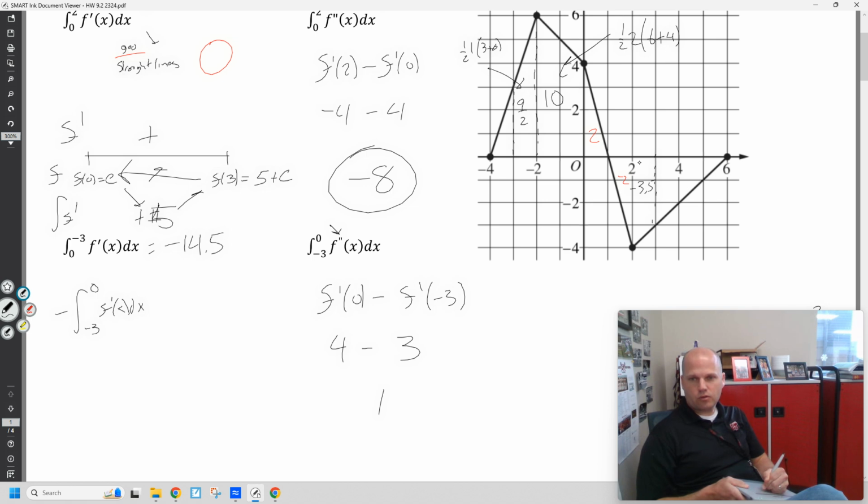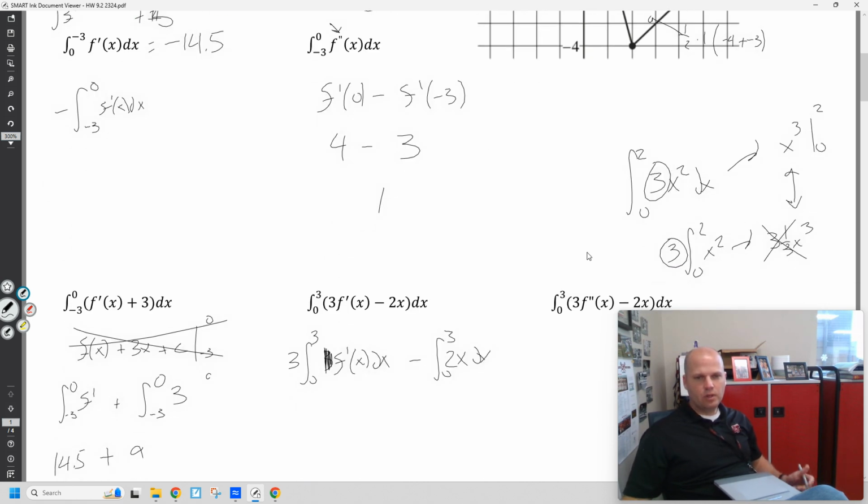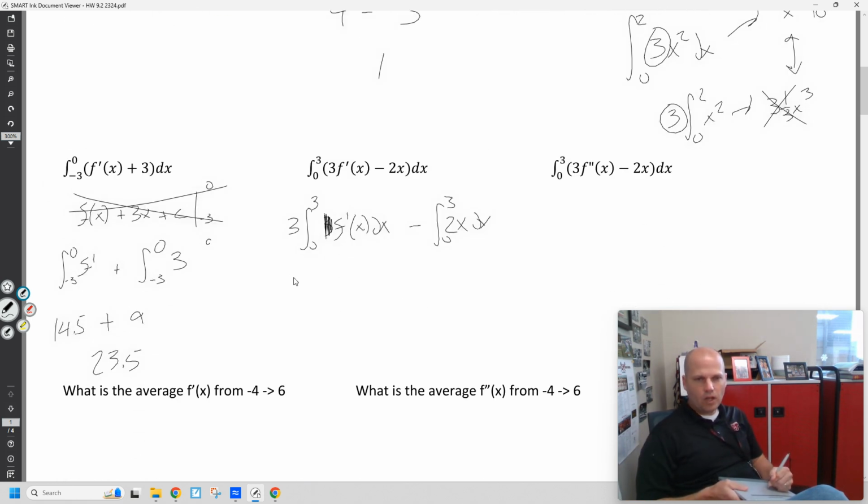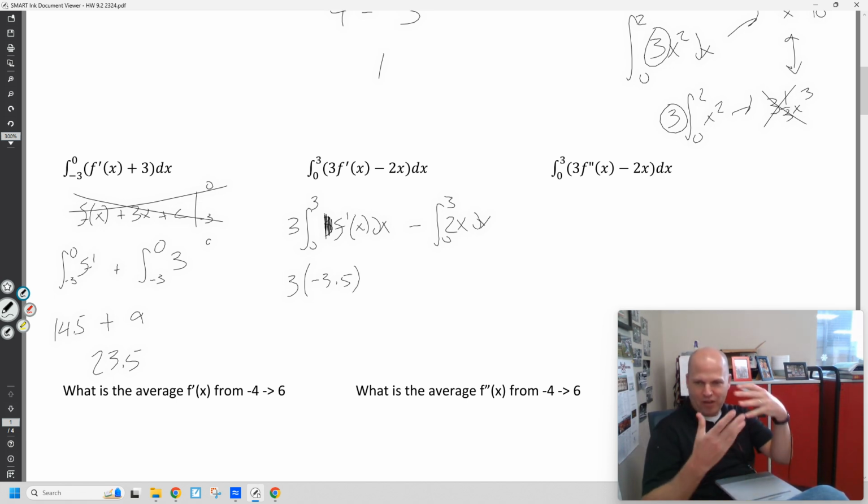We could use a trapezoid. This is 1/2 a base length of 1, heights of -4 and -3. So this is -7. That's -7/2, -3.5. So I'll have 3 times -3.5.